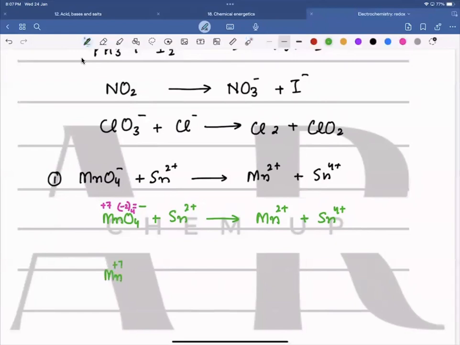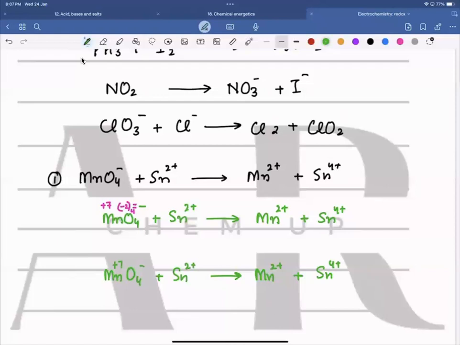So here we got the charge of Mn, which is +7 in this ion. We already knew the charge of Sn2 plus, and we knew the charge of Mn2 plus and Sn4 plus. What will be the next step?